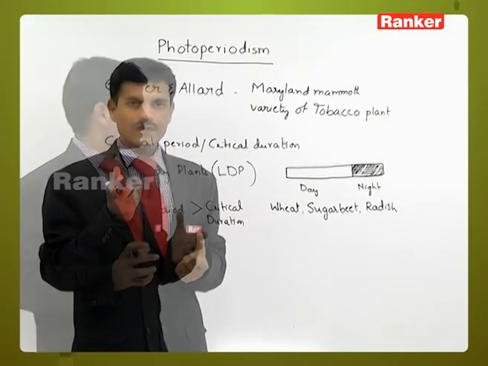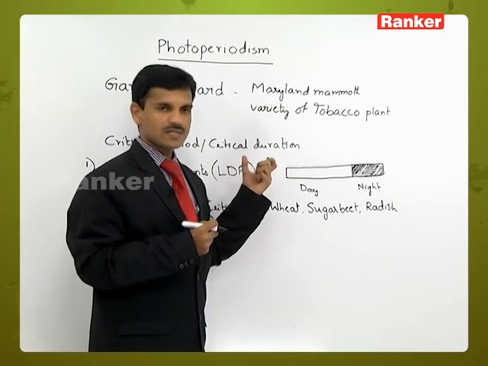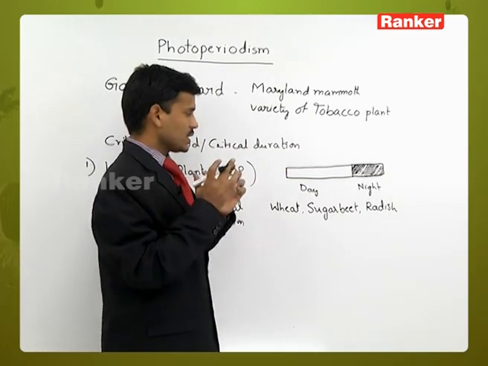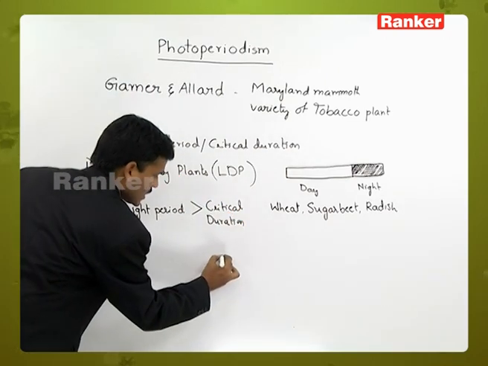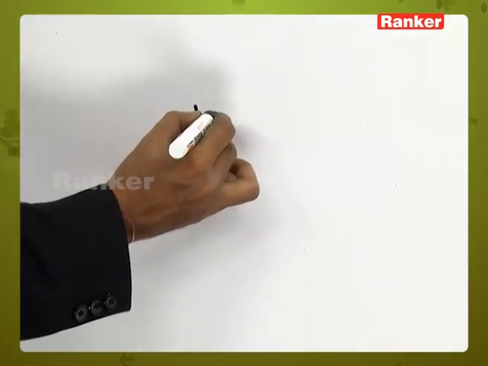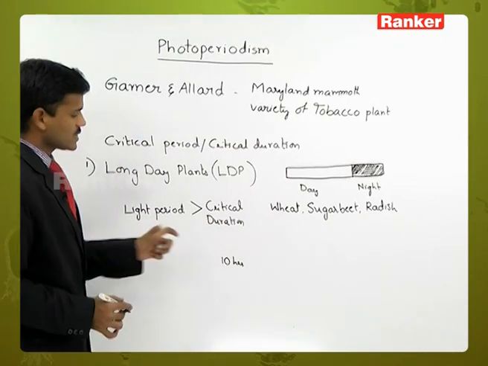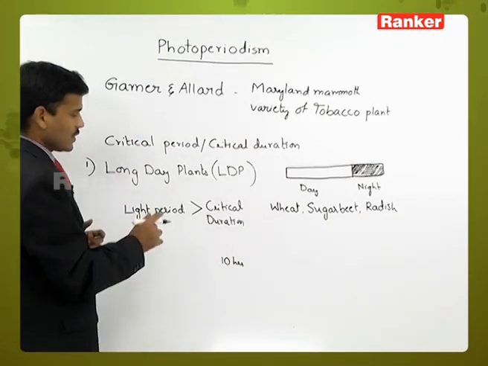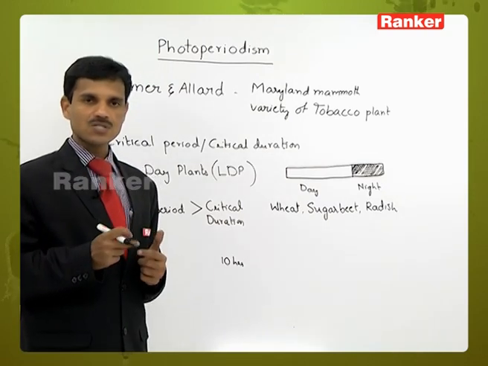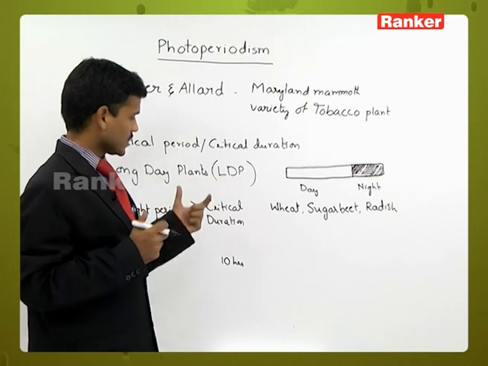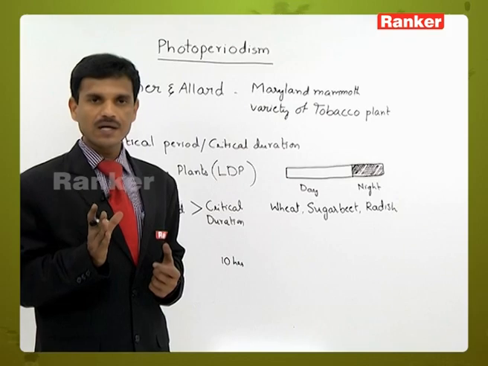Suppose one plant requires 12 hours of light, and the critical duration is, for example, 10 hours. When the plant is exposed to light for more than 10 hours, 11, 12, 13 hours, then only is flowering induced. But the light period should not be less than the critical duration.